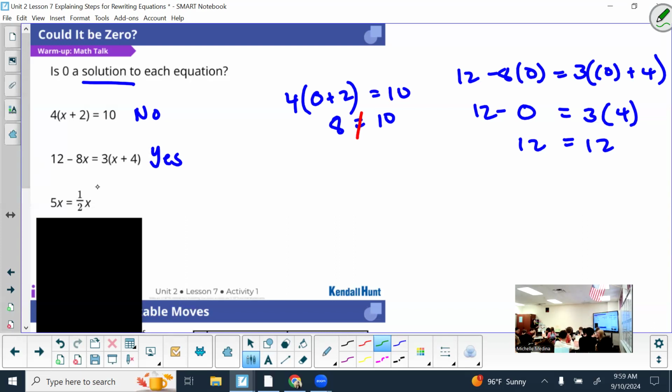Okay, Jaden, what'd you get? 0 equals 0, so yes. Okay, so 0 equals 0, so yes, 0 is a solution to this one.